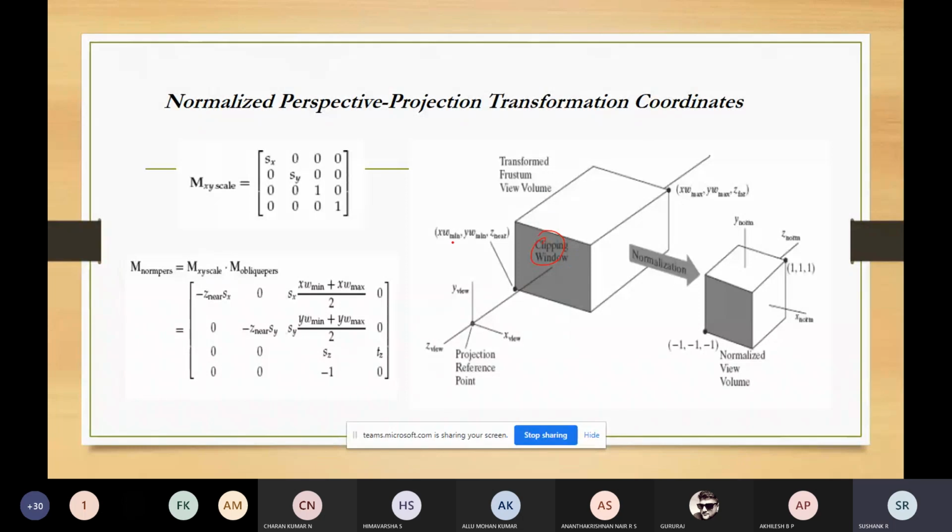This is X window minimum, Y window minimum, and Z near. And this is X window maximum, Y window maximum, and Z far. So this is getting normalized into the coordinate system -1, -1, -1. So it is a symmetric one. It will be in the range of -1 to +1. So this is the final step which we follow in the projection transformation, where we are mapping this parallelepiped to the normalized view volume.